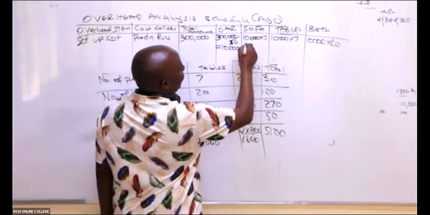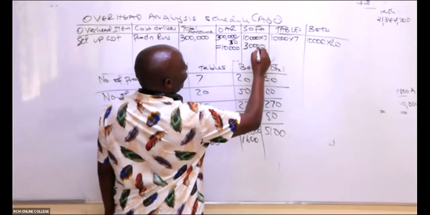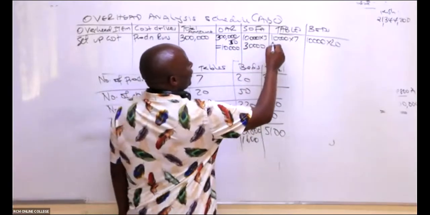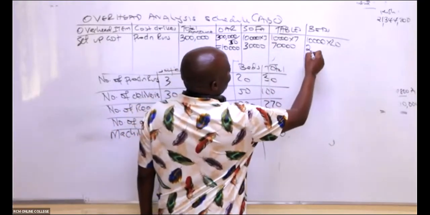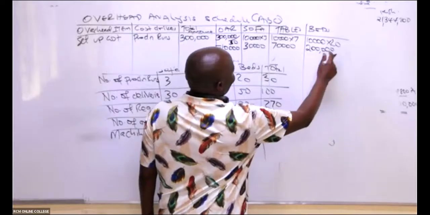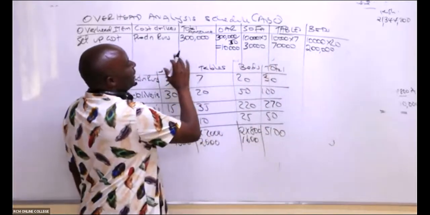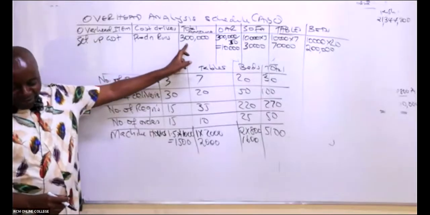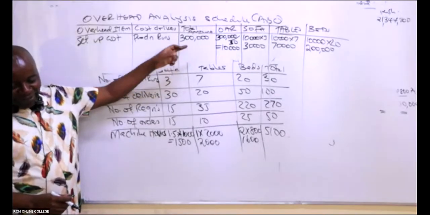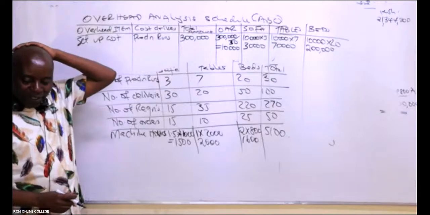So this will be 30,000, this will be 70,000, and this will be 200,000. If you add the three, they must give you a total of 300,000.